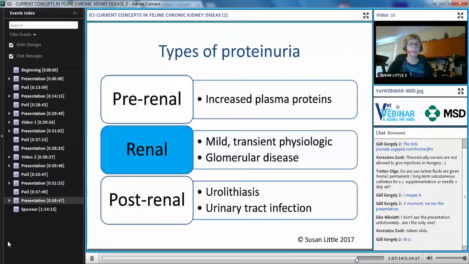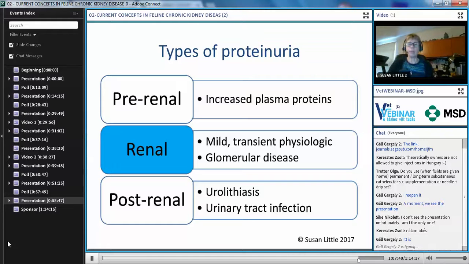And I just want to remind you that there are 3 sources, or 3 ways, that we can get proteinuria in cats. The first one is not very common: pre-renal proteinuria caused by diseases that increase plasma protein. There are not very many diseases in cats that do that. Multiple myeloma would be an example. What we're looking for is renal proteinuria.